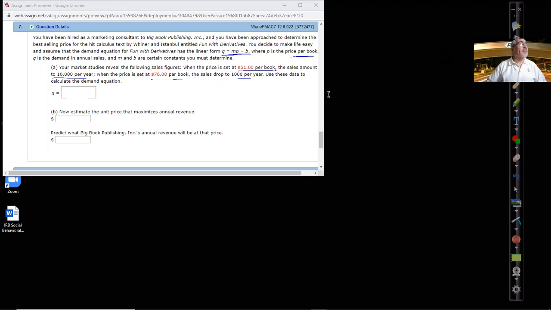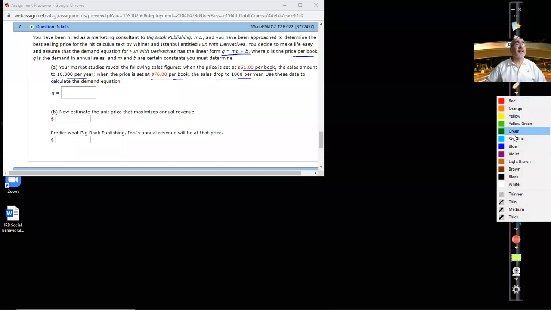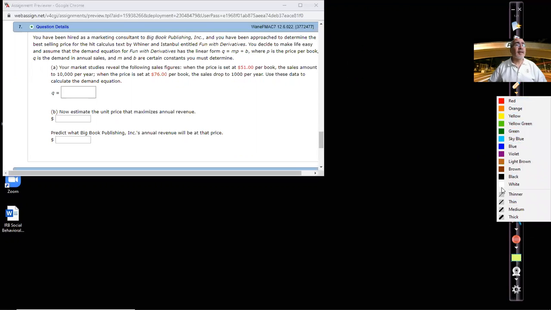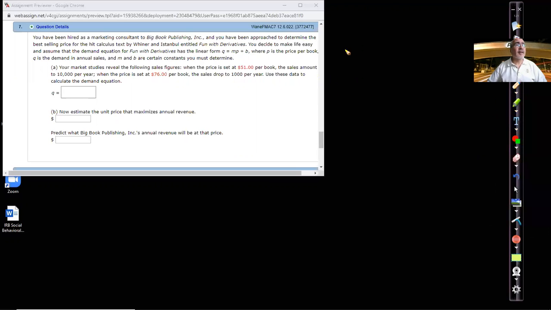Okay, so we've got 2 points. Since the price is our input, our X value, let's see how this works. $51 is the input value, 10,000 is the output.